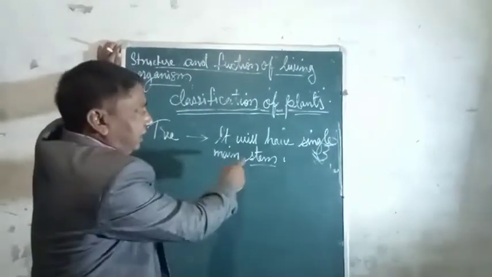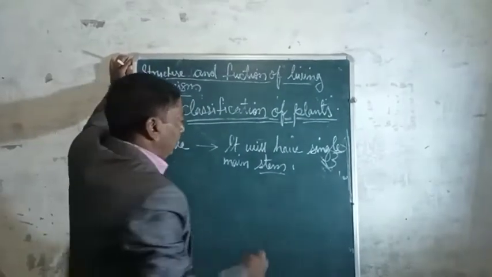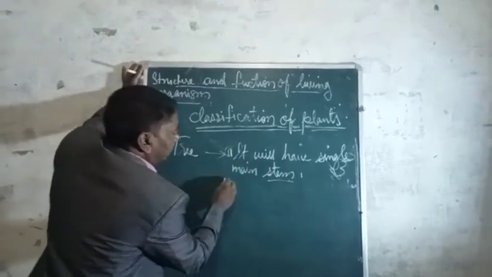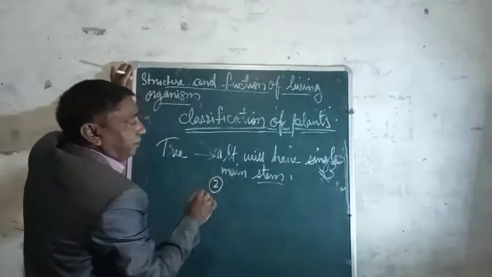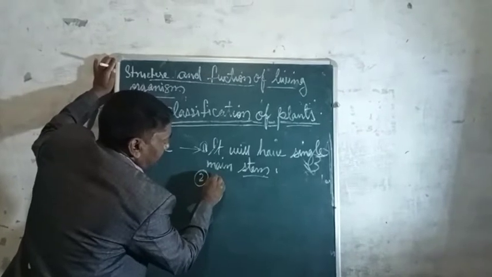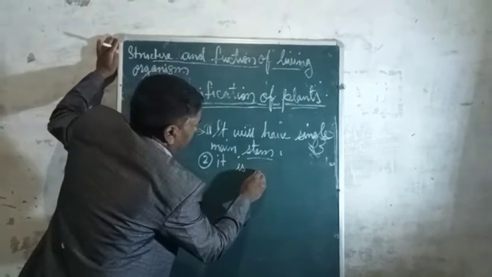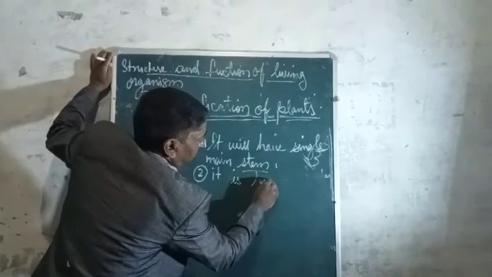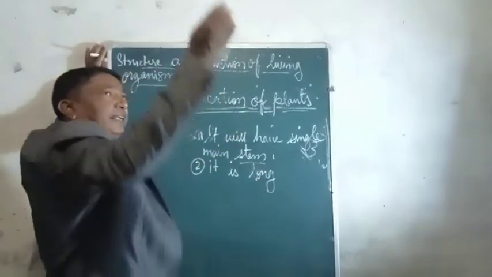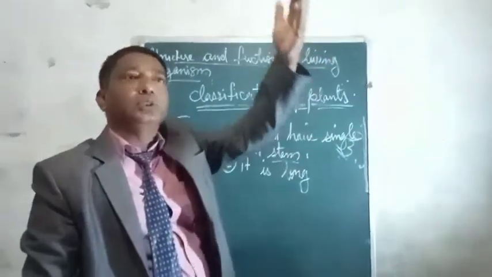Remember, this stem is also known as the trunk. How can you recognize a tree? Second point, it is long. Long means it is very big in size. When it grows above the ground, it grows very tall.